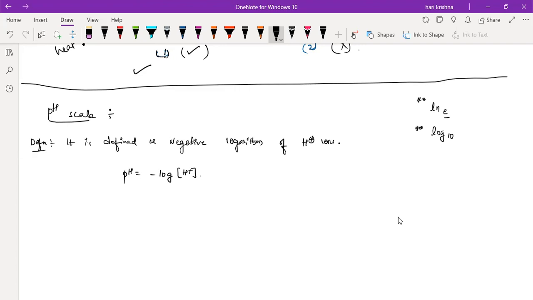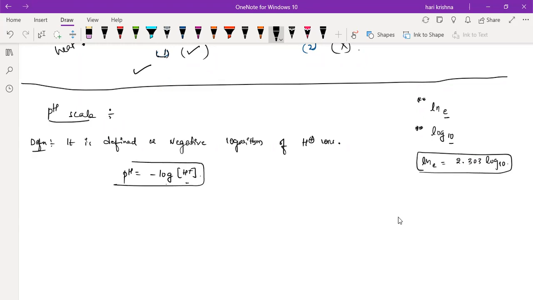Log means logarithm to the base 10. If you want to convert ln to log, the conversion factor is 2.303 log 10. Why is this used, sir? We are expressing the concentration of H plus ions in the logarithm. That is the pH formula.